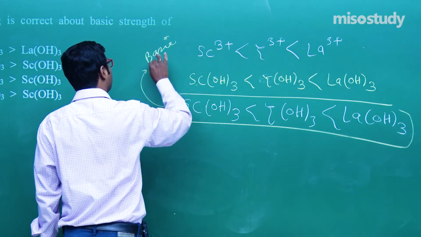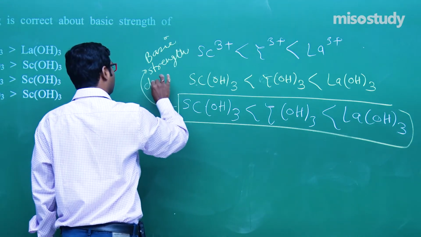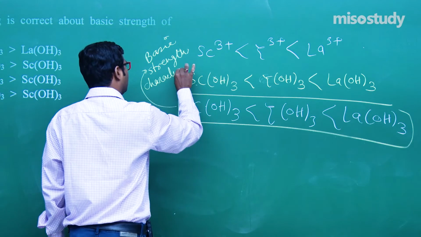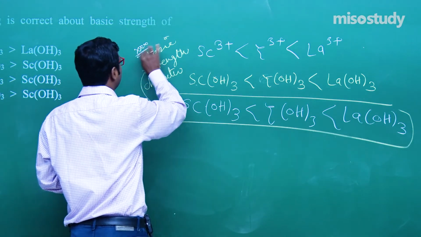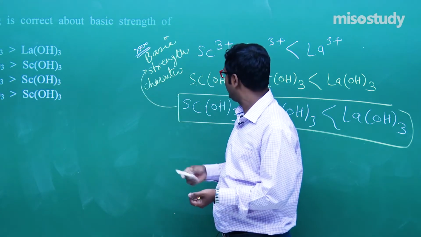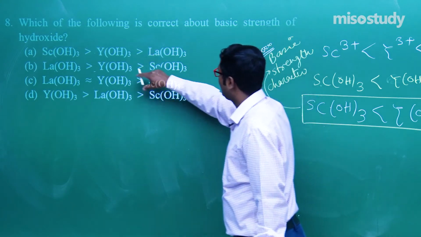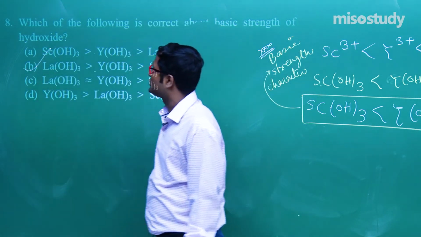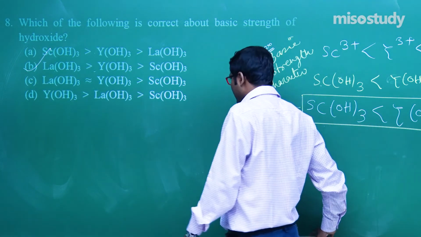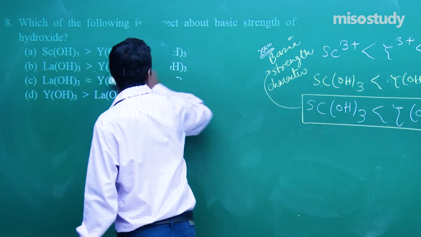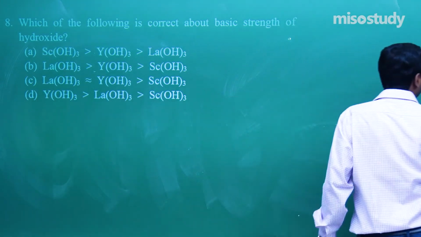Now we can easily observe for this, that the option is La, then Y, then Sc. So for this question B is the correct answer. Clear friend? Now let's move to the next question, how to solve it. Check it out.